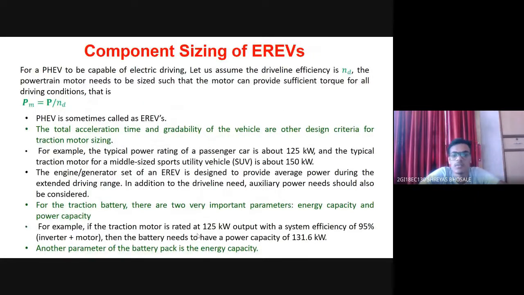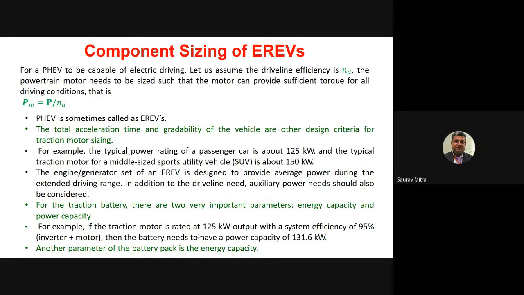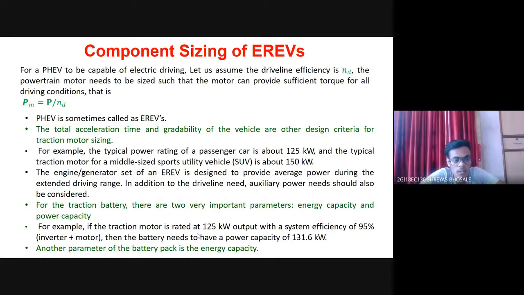Component sizing of EREVs. For a PHEV to be capable of electric driving, the powertrain motor needs to be sized such that the motor can provide sufficient torque for all driving conditions. The other design criteria for the motor sizing are the acceleration time and the gradability.